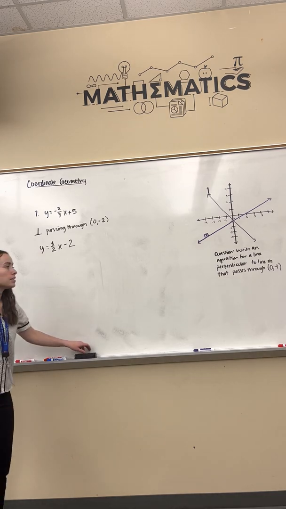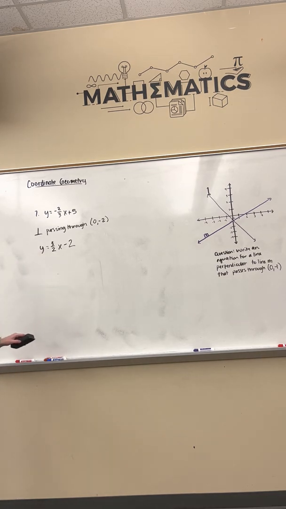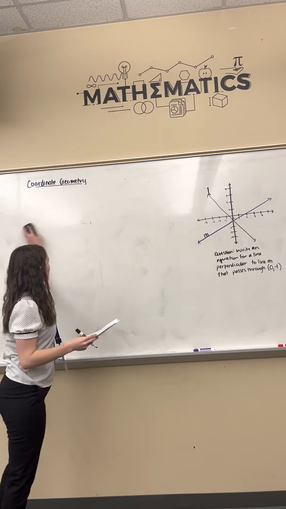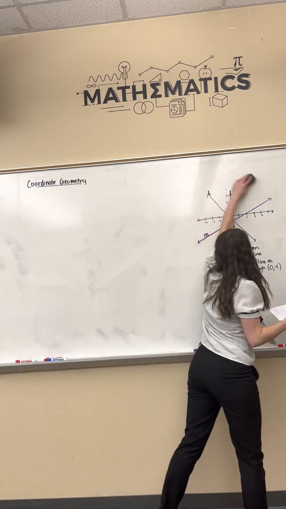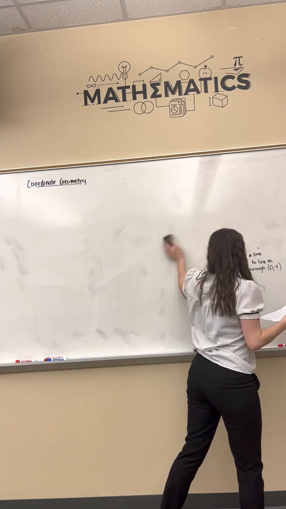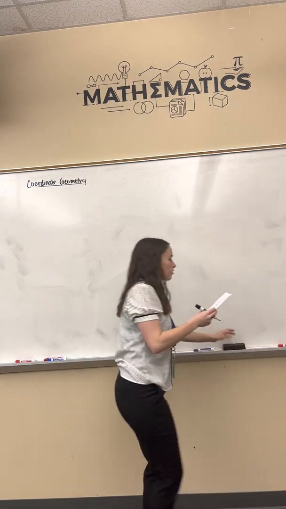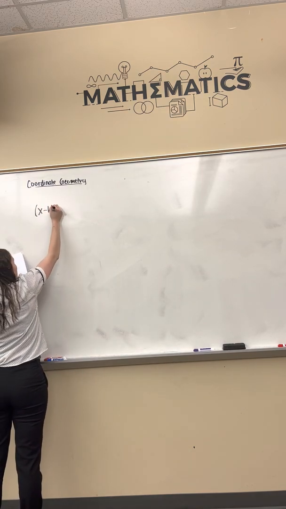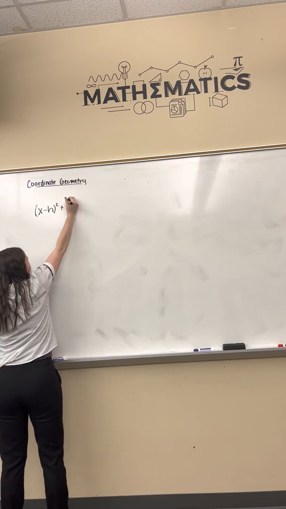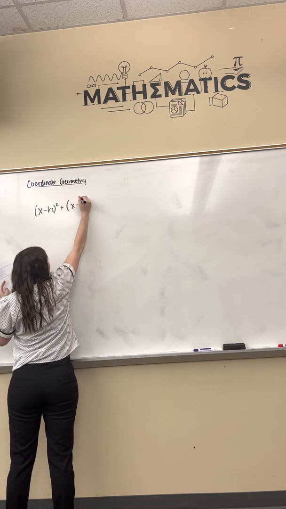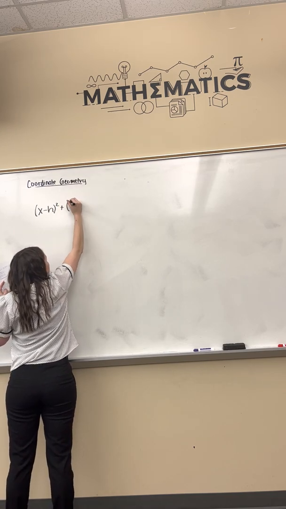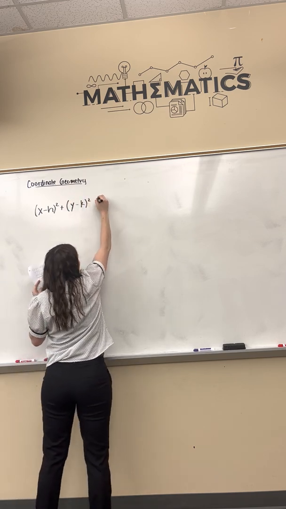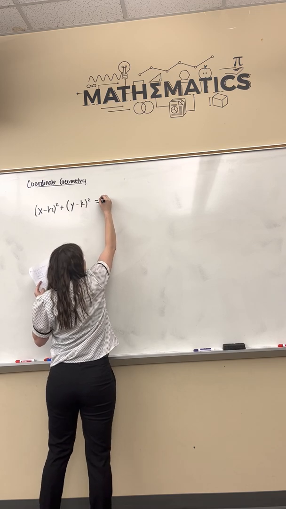Okay, that is everything for linear equations, and now we're moving on to equations of a circle. So circles can be a little confusing, but they're honestly not too bad. So the equation looks a lot like vertex form of a quadratic.